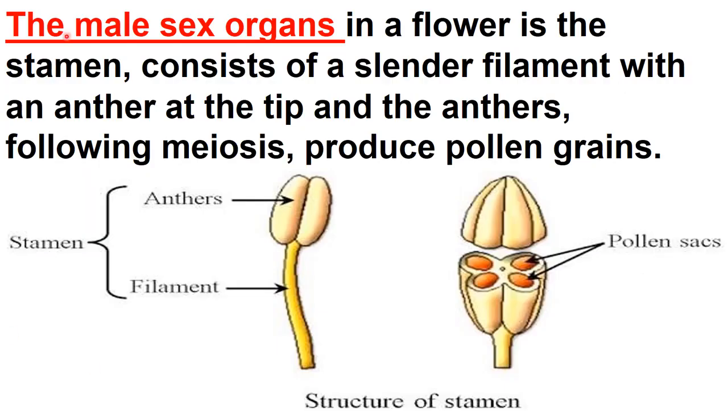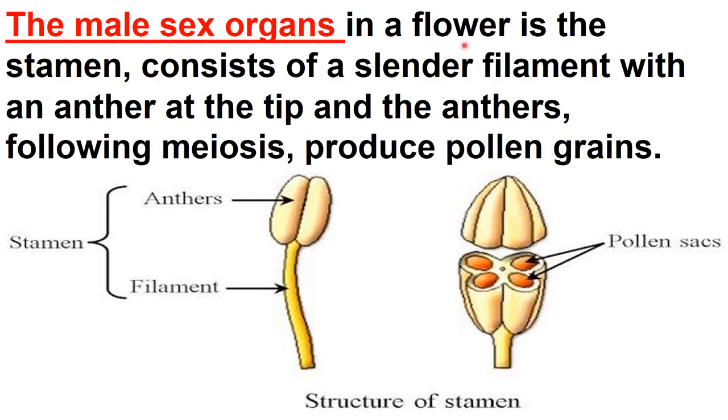Now let's talk about reproduction in angiosperms. The male sex organ in a flower is the stamen. One thing: both the male and female sex organs are present within the flower.